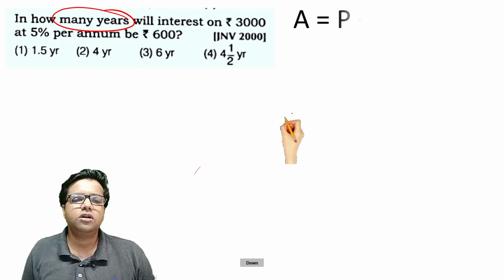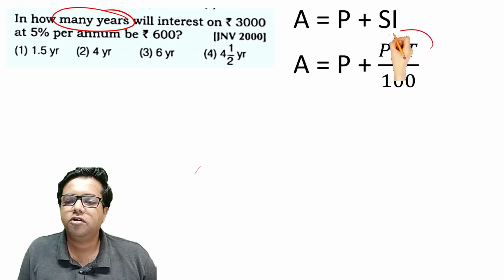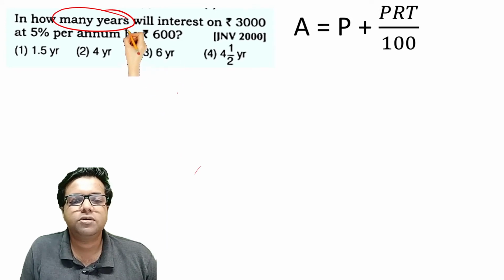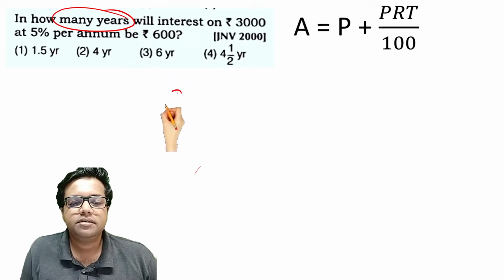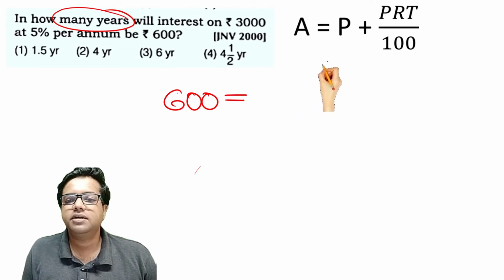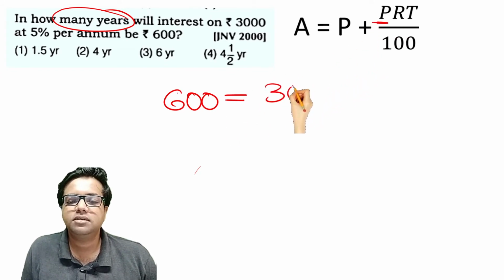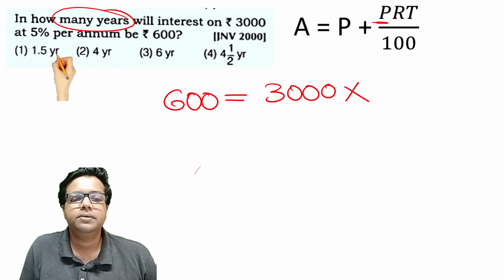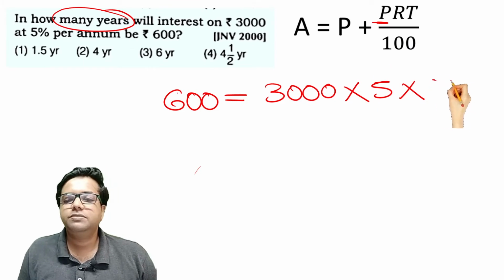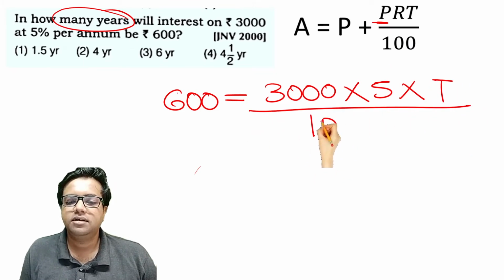It's all about simple interest, and we know the formula for simple interest: PRT by 100. The simple interest is 600 rupees. Principal is 3000 rupees, rate of interest is 5%, and time is what we need to find, divided by 100.